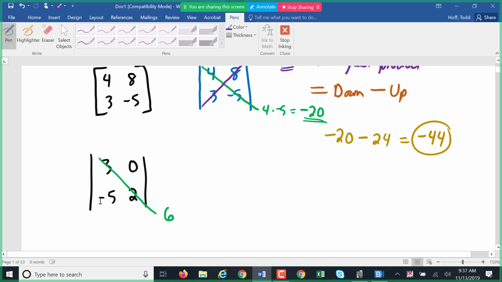Then we'll do the up diagonal product, which is negative 5 times 0. That's just 0. So our determinant, the down diagonal product of 6 minus the up diagonal product of 0, well, 6 minus 0 is just 6. So that determinant is just 6.